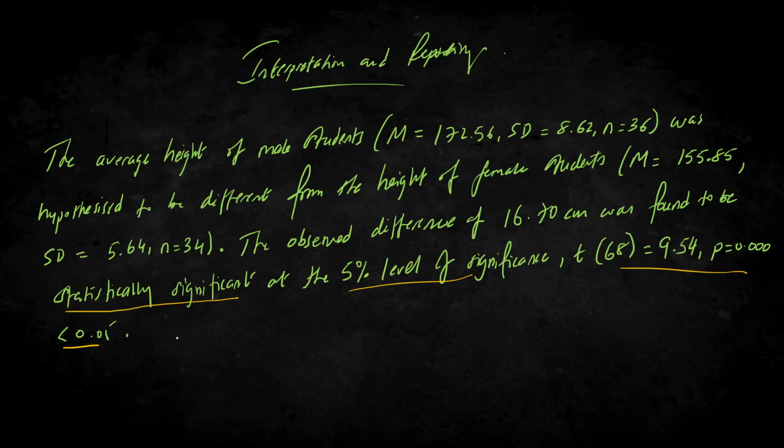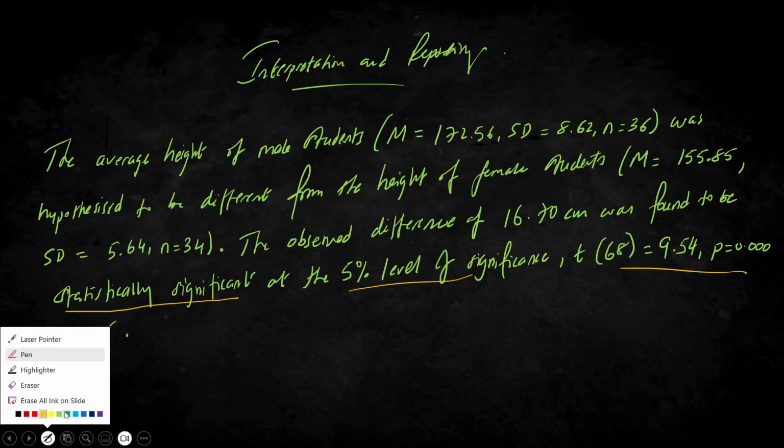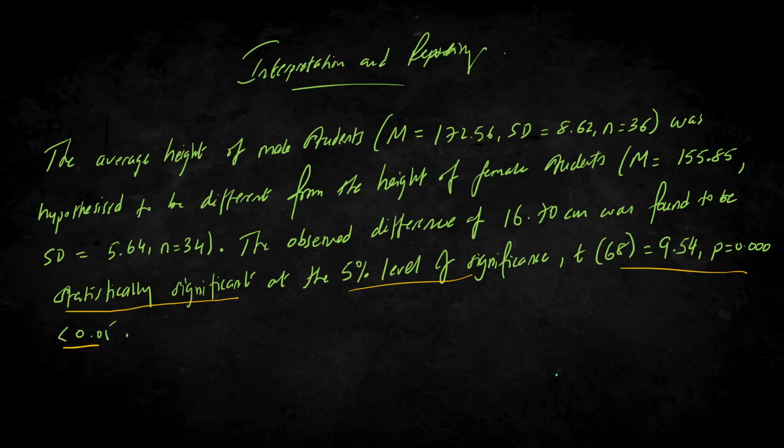But what we also want to look at is the practical significance of a result. So for the practical significance, we want to calculate a relevant effect size. So we're going to do that right now.